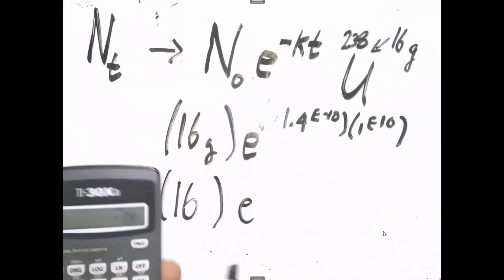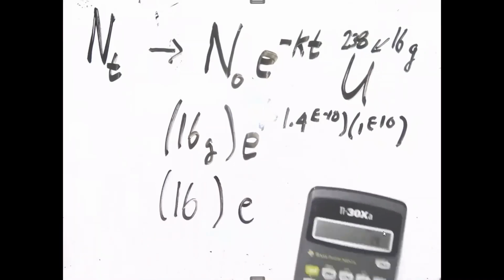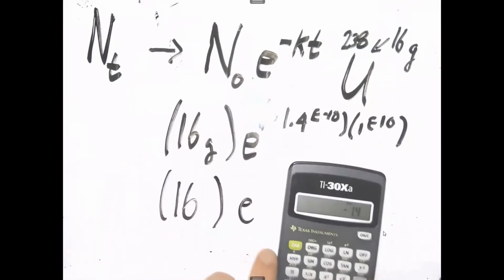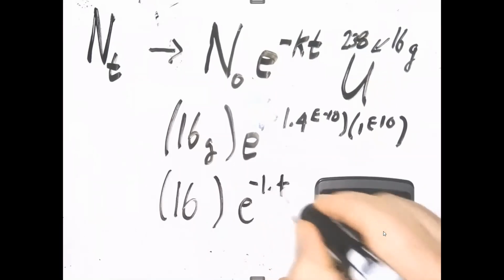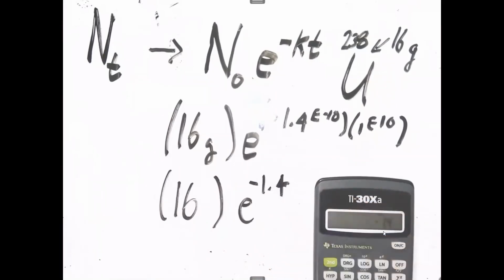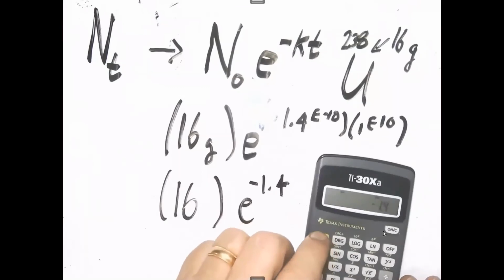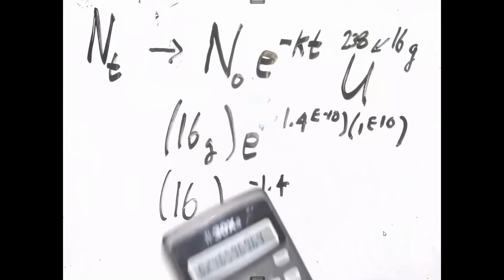So this becomes negative 1.4. But this is where we have to use our e to the x function. So we're going to literally raise e to the negative 1.4 power. So we need to do that. Second function, e to the x, and there it is.